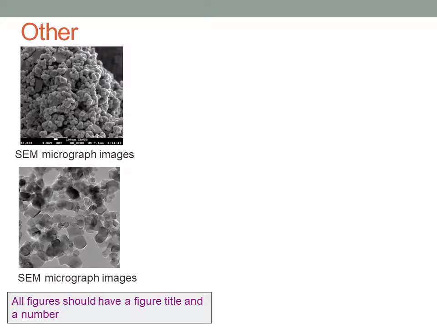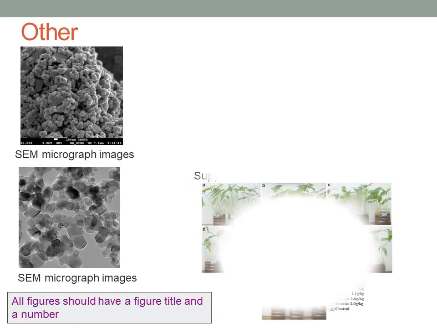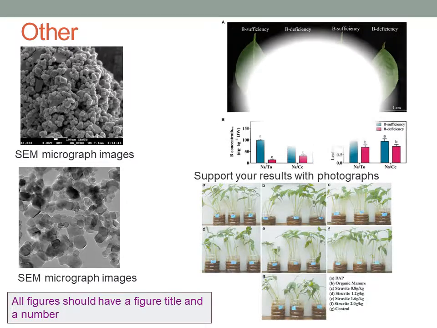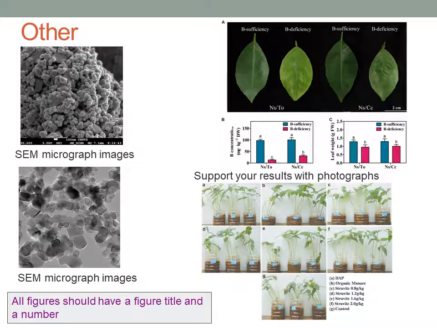The TEM image could also be used in your thesis. And you can also support your results with photographs. Now these photographs will also show you how your results vary, what happened with different treatments.